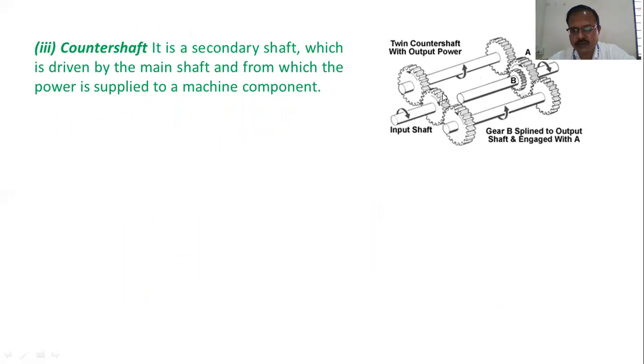On the input shaft, an input gear is mounted, which is rotating this shaft, and this shaft in turn rotates the shaft B. So these are the counter shafts where we can transmit power from the input shaft. These are called counter shafts, and generally we find counter shafts in gearboxes.